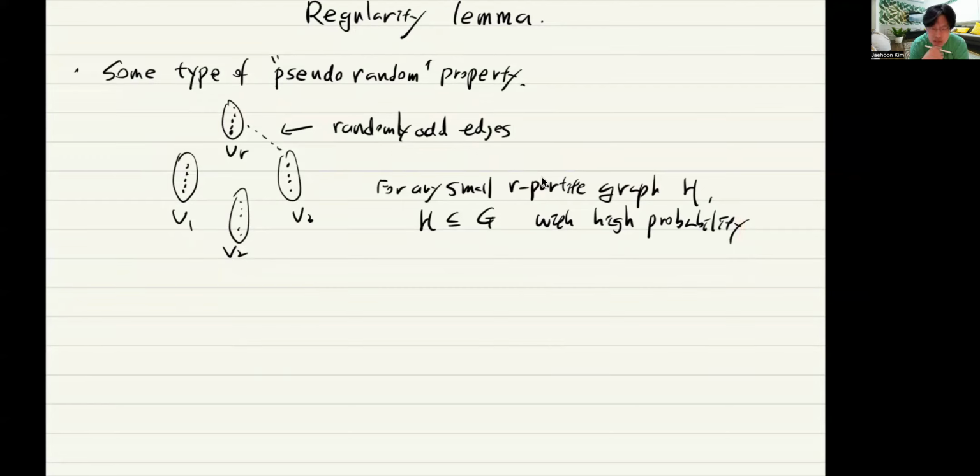So our job so far was that we want to find the subgraph H in G when G satisfies certain conditions. That certain condition is so far that the number of edges is at least a certain threshold. That's one very natural condition.